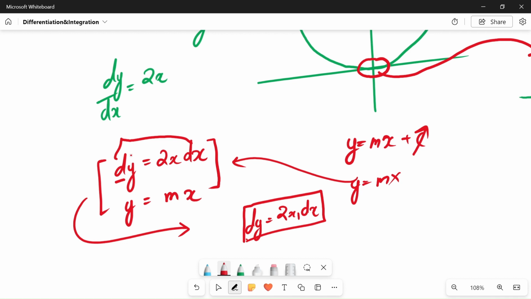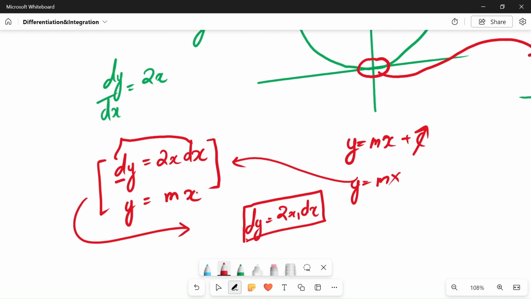These are not just any lines that we normally discuss. These are very small lines, and the d is the signature of that small aspect. That's why it's dy equals 2x dx.